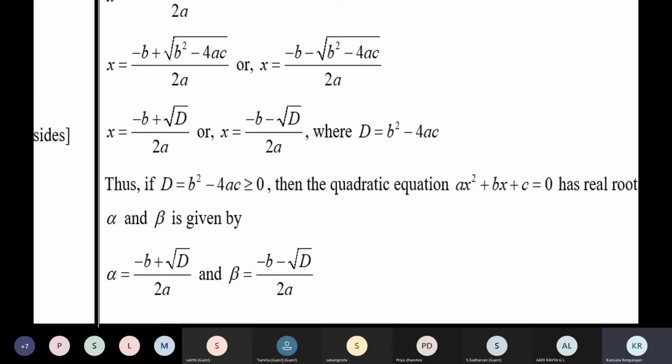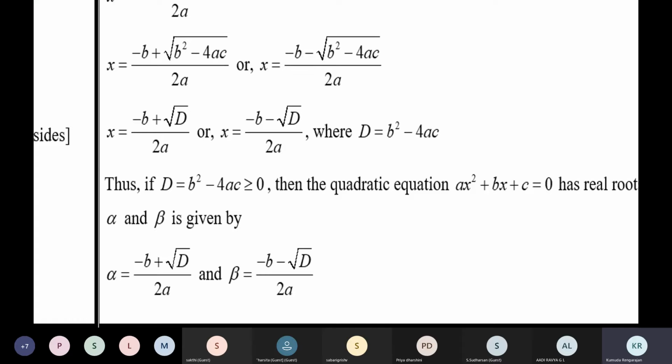Now let's solve this. So x square is equal to minus 64. X is equal to plus or minus square root of minus 64. There is no real value that can satisfy this equation. So this equation x square plus 64 is equal to 0 has no real roots.